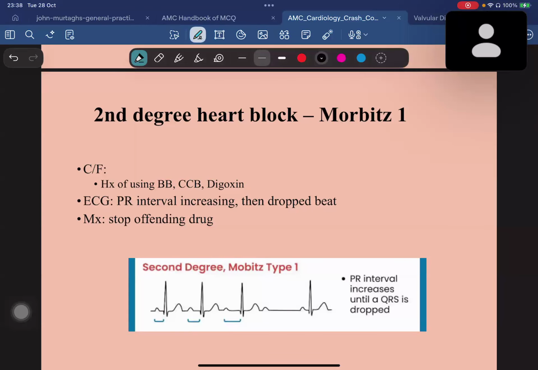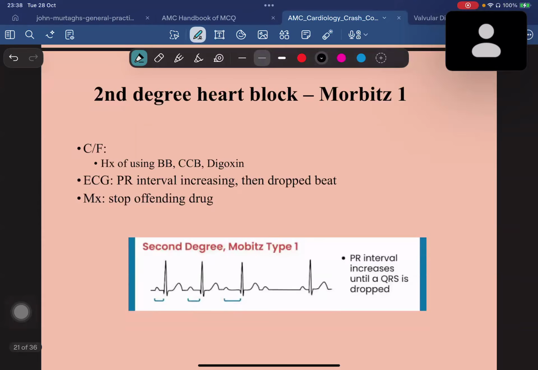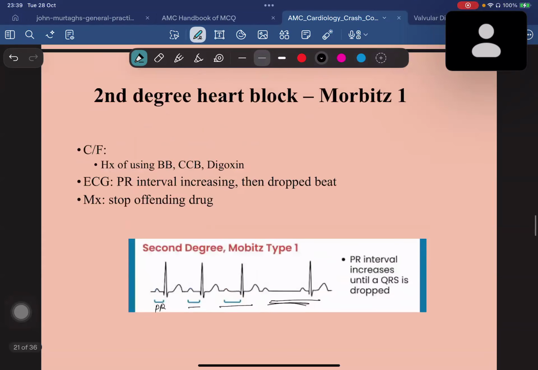But the difference is in the ECG: you would see the PR interval slowly increasing and then a beat dropping. That is how I remember Mobitz type 1, and I'm sure that's how you all remember it as well. Increasing and dropping would be Mobitz 1 in second degree heart block. So just like the first one, you could just stop the offending drug, with no specific medication for this.